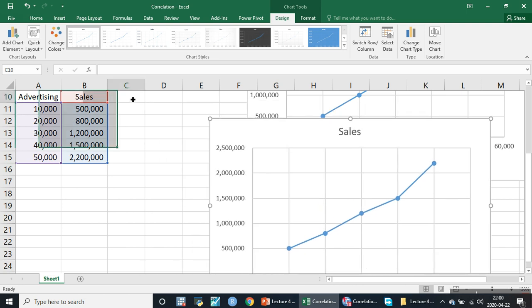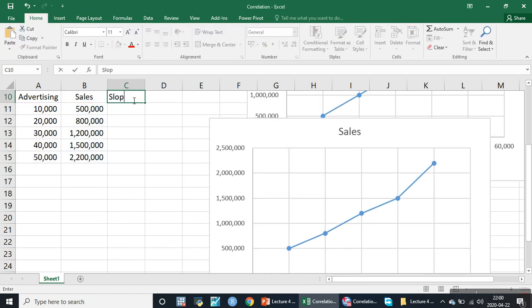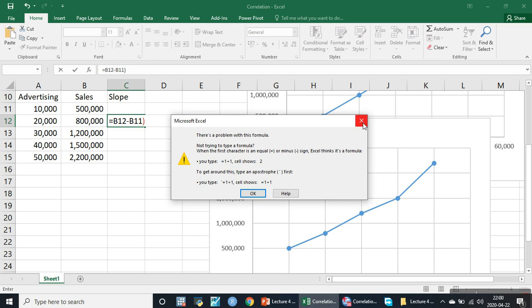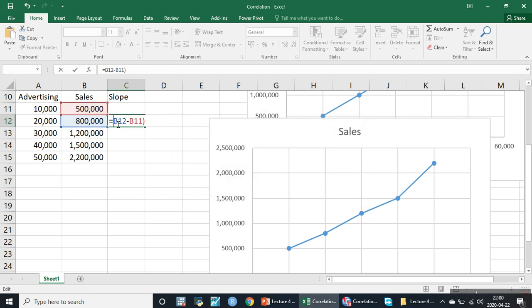If we apply the slope formula, rise over run: open a bracket, the rise is sale minus the first value, close the bracket, then open a bracket, the run is x2 minus x1, and put the brackets.